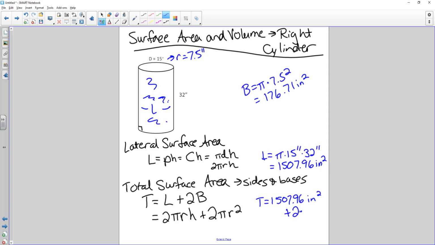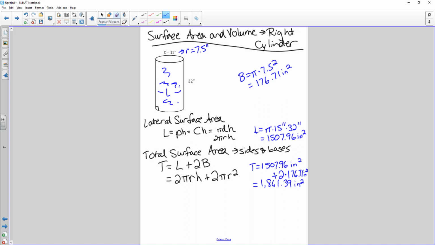Double it, that's why I'm doing 2 times, to get the top and the bottom. Oh, lost my pen. Squared right there. So I should be getting approximately 1,861.39 inches squared. It might be a little different based on rounding. Again, this is area, so I should end up with square units.